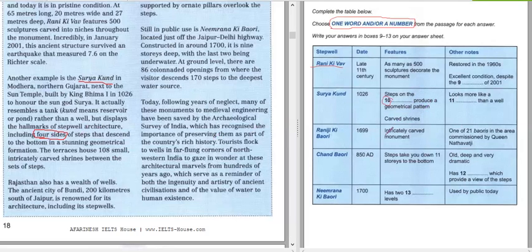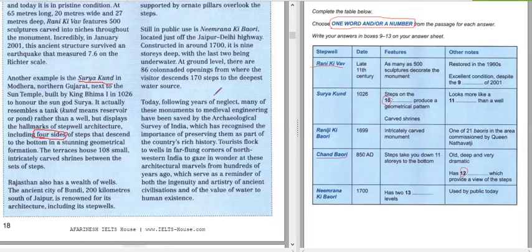Which one is wrong? The next one. Next is 12th. Okay. The good thing about this is you already have some information about which paragraph your answer might be in. This is something familiar, like Surya Kund, at least from an Indian perspective.